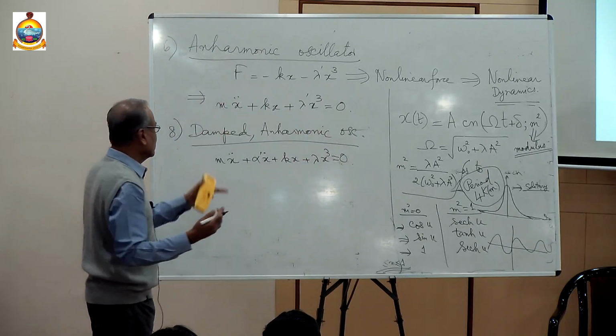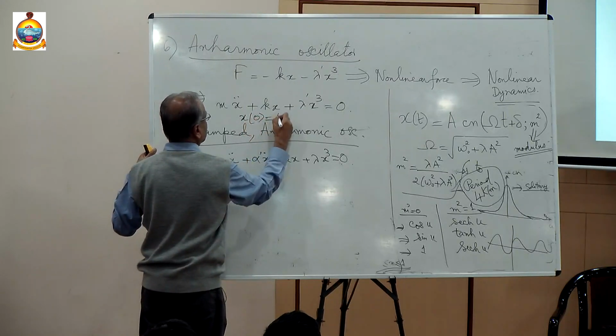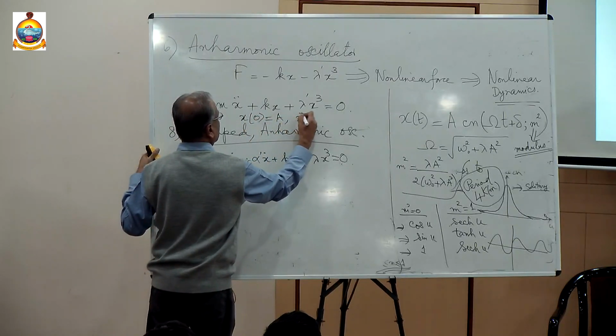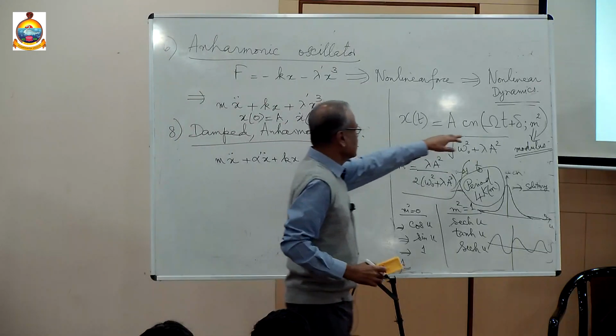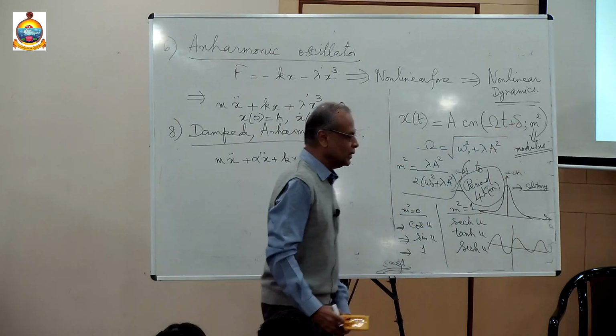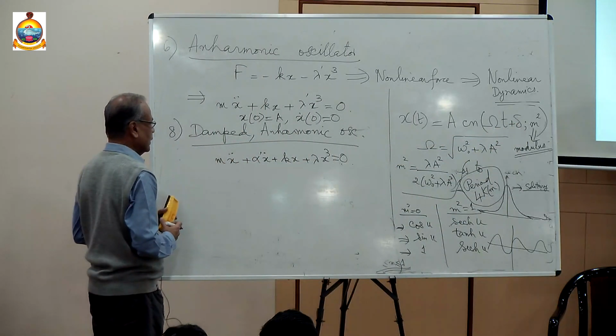This problem is subject to appropriate initial conditions. Here, the initial conditions were x of 0 is again 0, x dot of 0 equal to 0. And that initial condition is satisfied if you put delta equal to 0. Same initial condition.